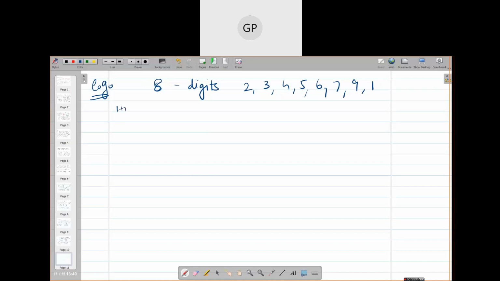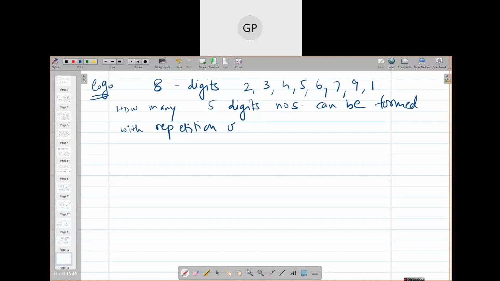How many 5-digit numbers can be formed with repetition? Tell me, how many? You want to form 5-digit numbers. How many digits are available?